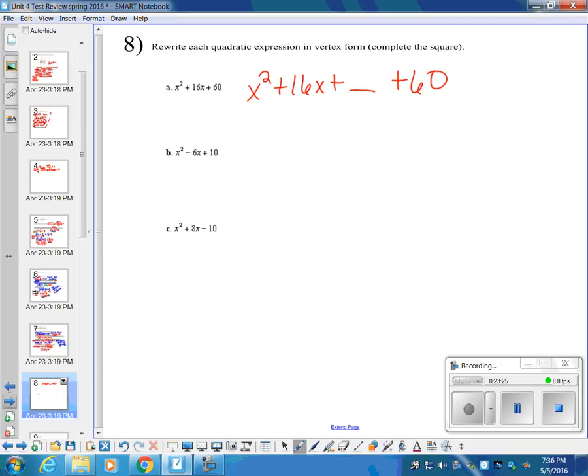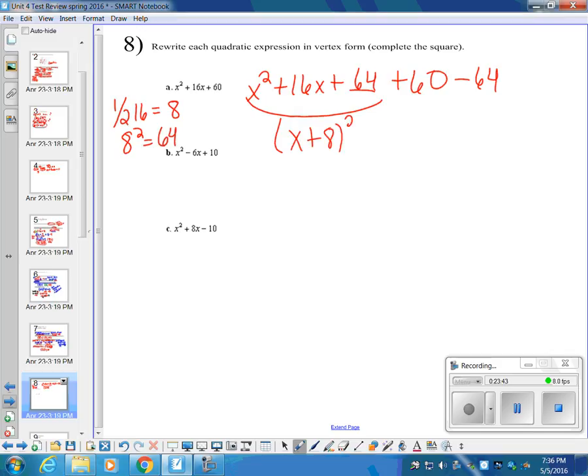Then I'm going to half 16 and get 8. 8 squared is 64. So I add in 64, subtract 64: half it, square it, subtract it. Factors of that would be x plus 8 squared minus 4. And that's all it wanted me to do.